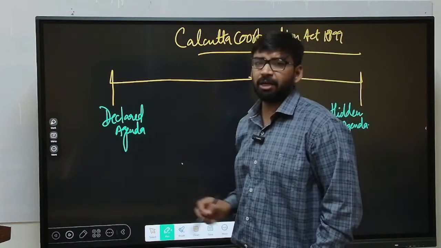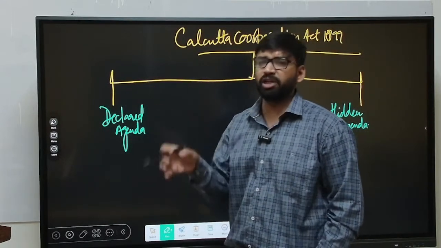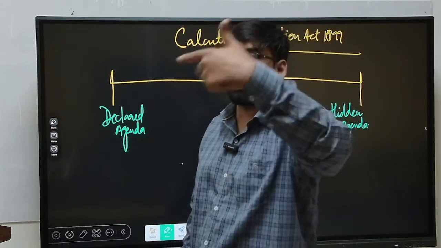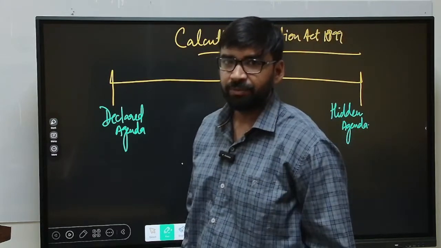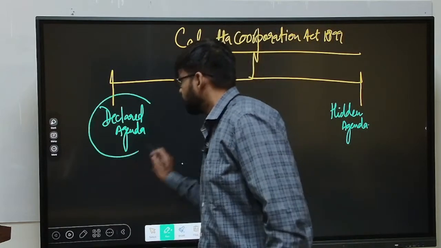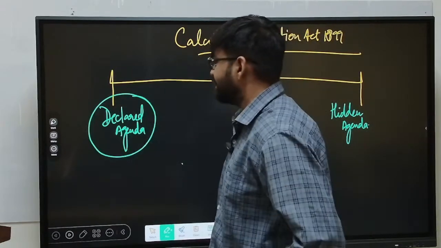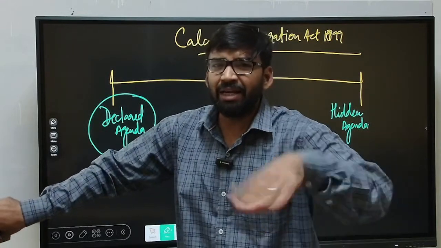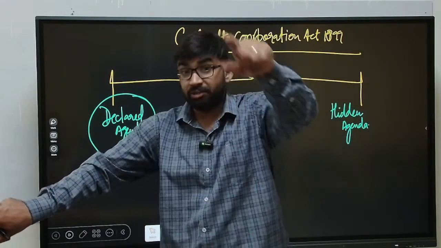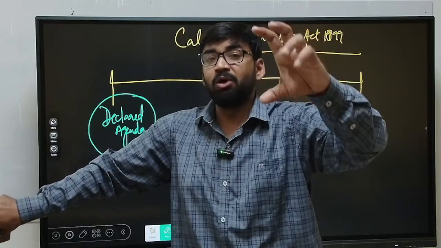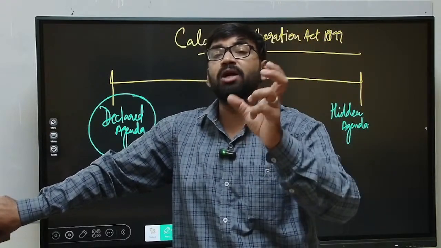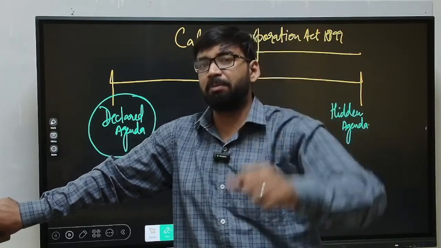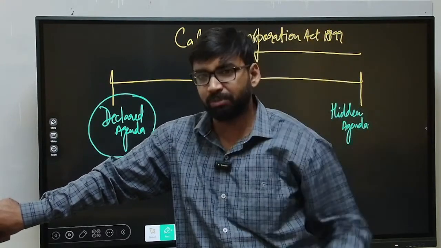Declared agenda means this was declared officially for the masses. Hidden was the real intention behind this act of the British. So what Lord Curzon said was that local bodies are inefficient. See, try to understand this scenario. Lord Curzon said that local bodies are inefficient. So we should increase official members so that it can become an efficient body.